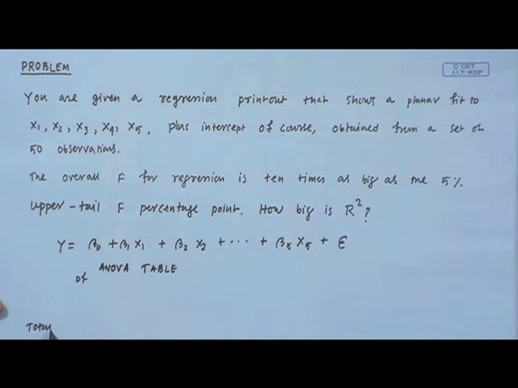Total degree of freedom is of course 49, and there are total 6 parameters, so the regression degree of freedom is 5 and the residual degree of freedom is then 44.